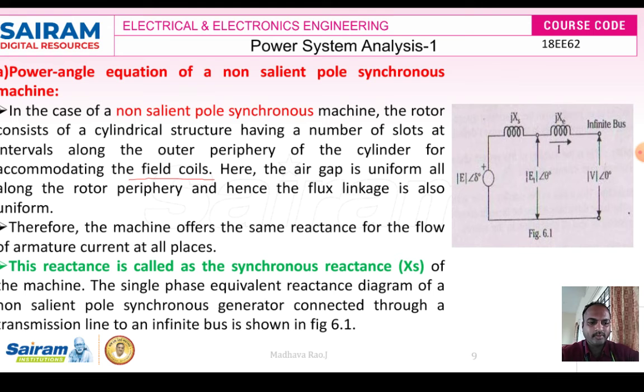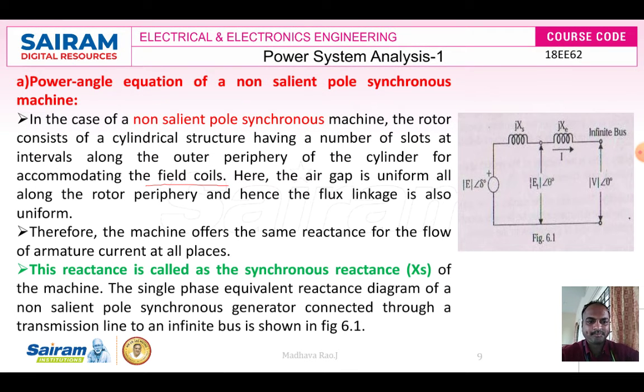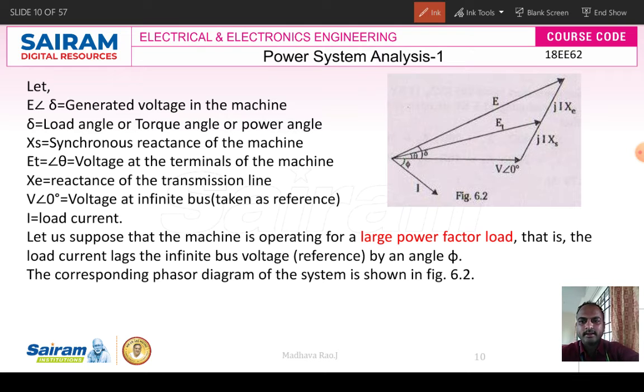Now we will move to the notations of the non-salient pole type synchronous machine. Here, E at an angle delta is the generated voltage in the machine and delta is the load angle, and Xs is the synchronous reactance of the machine.